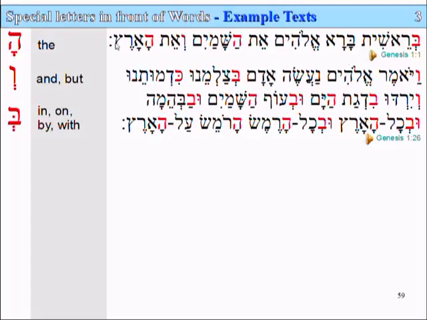Again, you don't need to remember all these words, but you'll become familiar with a lot of words that appear often in the text. You'll come across Elohim all the time, God.